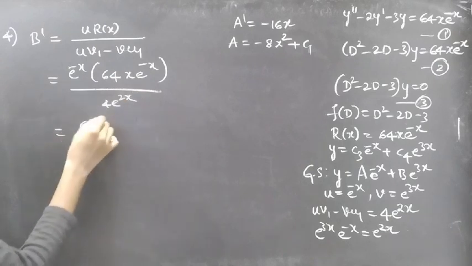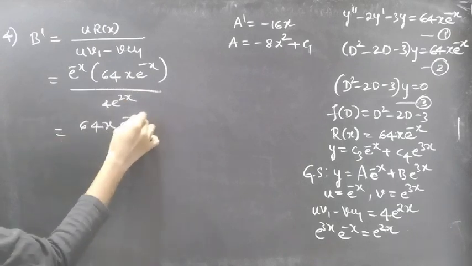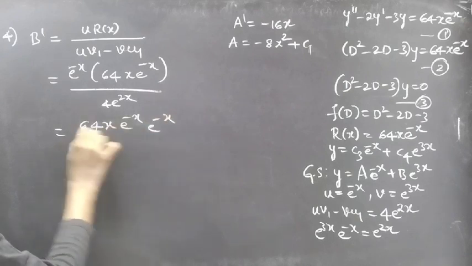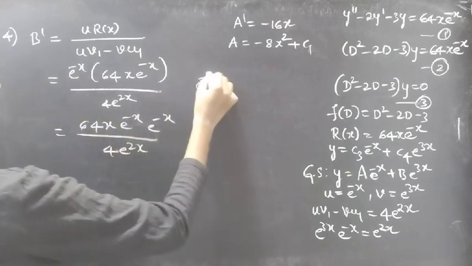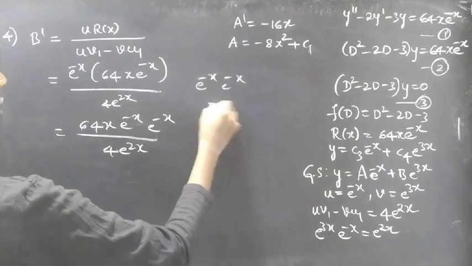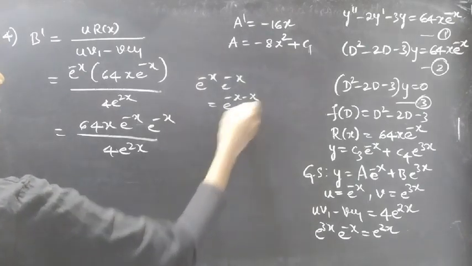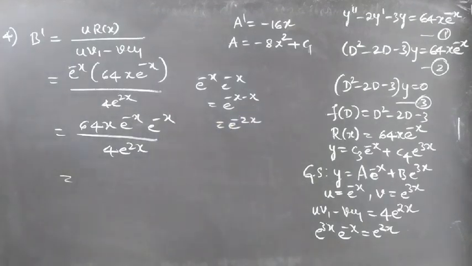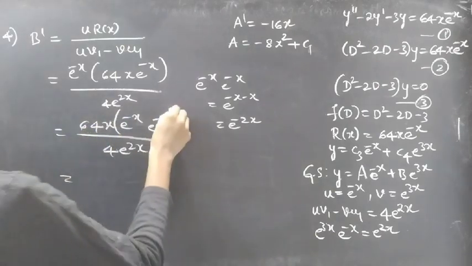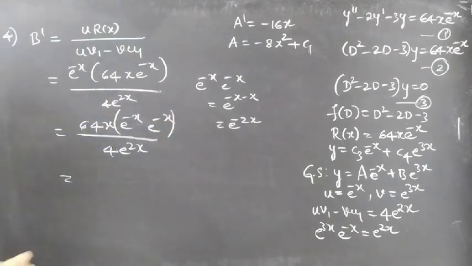This equals 64x e power minus x into e power minus x by 4 e power 2x. e power minus x into e power minus x can be written as e power minus 2x, right?